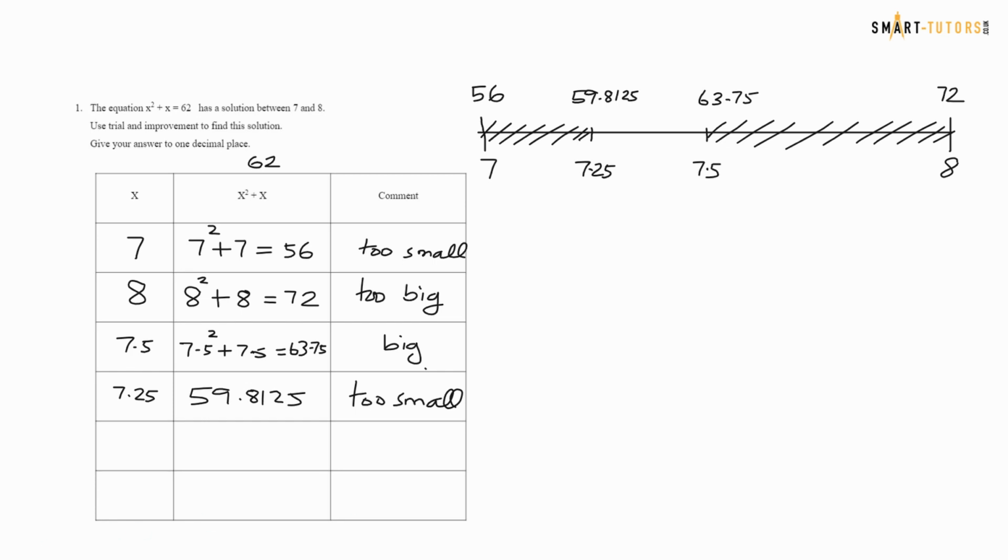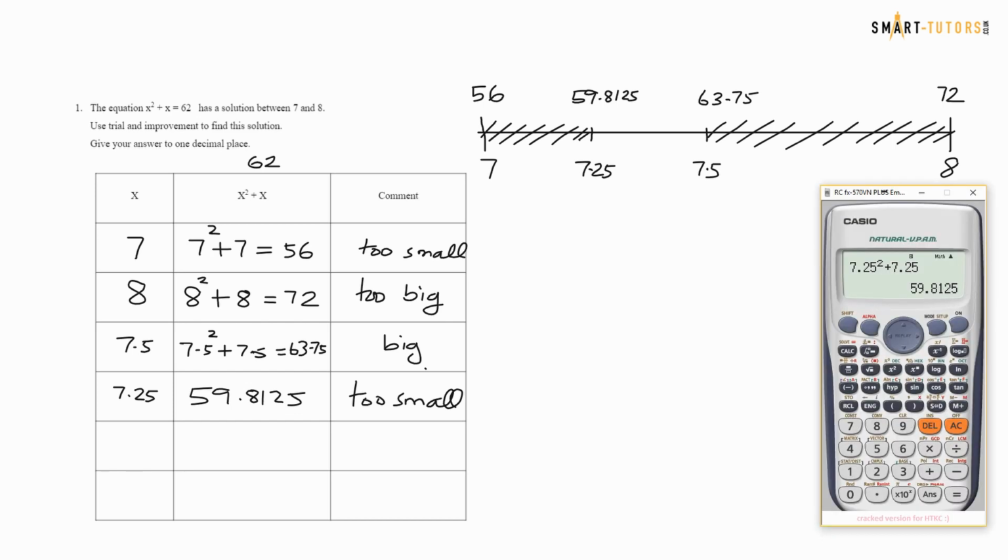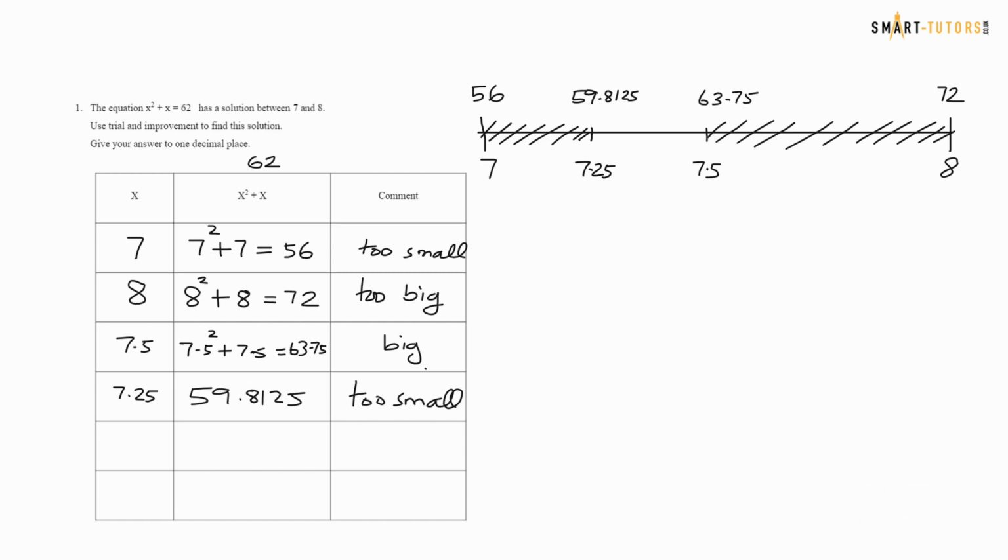If you want to find out, you can take the calculator and find the halfway point. So 7.5 plus 7.25, divide by 2. So that answer is 7.375.